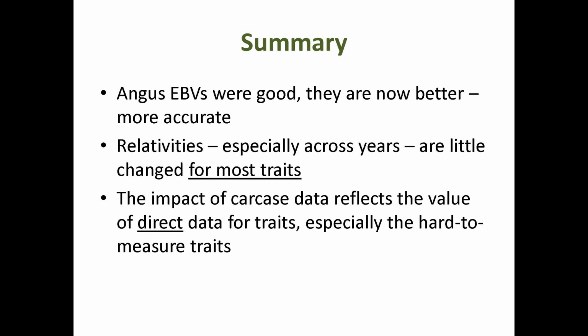And the general message is the EBVs you were getting before from the old analysis were good, they are now better, and in 2 or 3 traits they're significantly better, significantly more accurate, particularly calving ease, and that carcass data is really important.